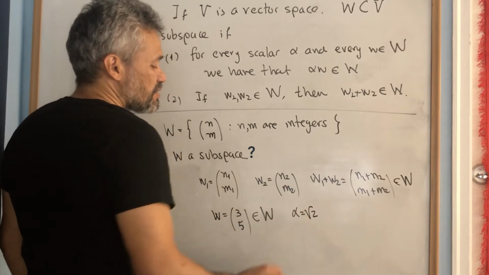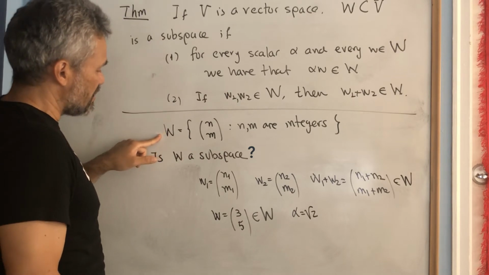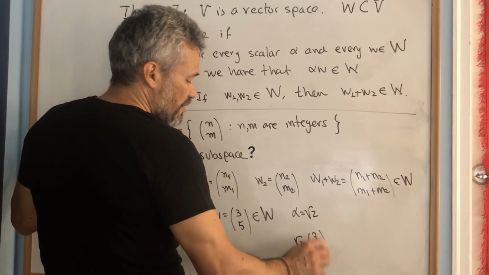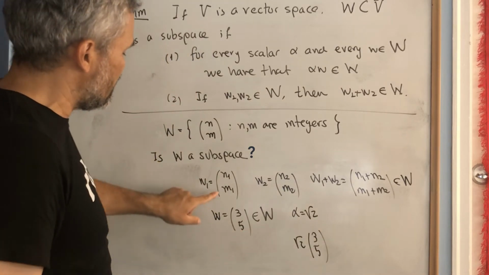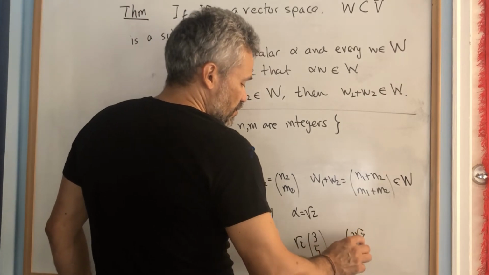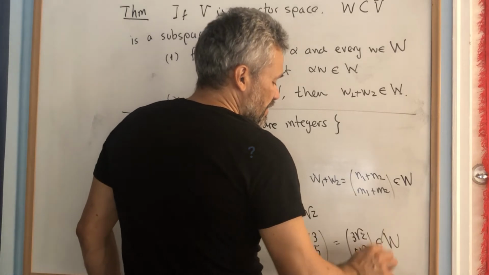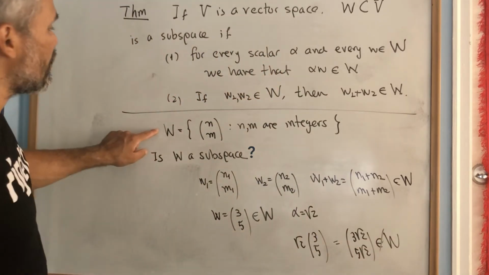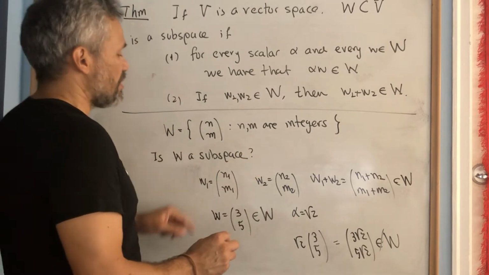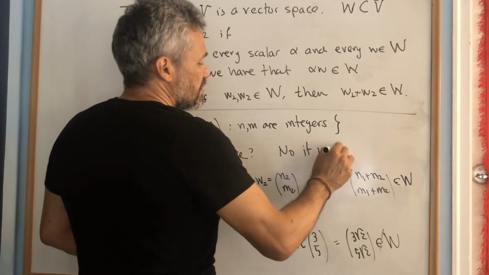If we take alpha equals square root of 2, then if W were a subspace, we must have that the square root of 2 times (3, 5) should be an element in W. But this is (3 square root of 2, 5 square root of 2), and this is clearly not an element in W. Therefore, W is not a subspace. Is W a subspace? The answer is no, it is not.